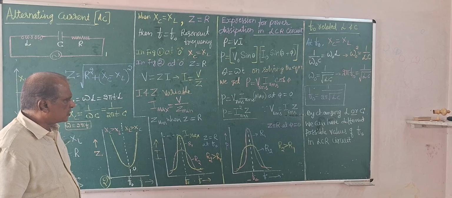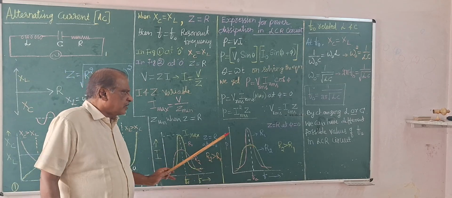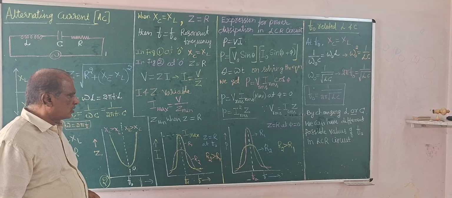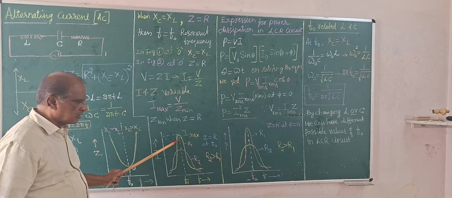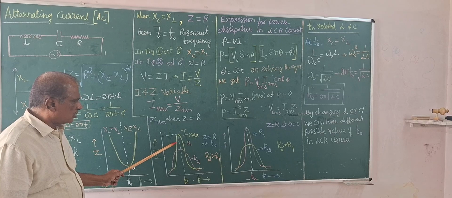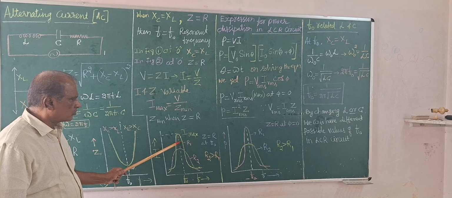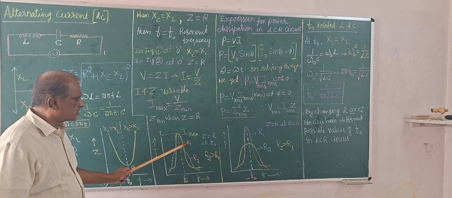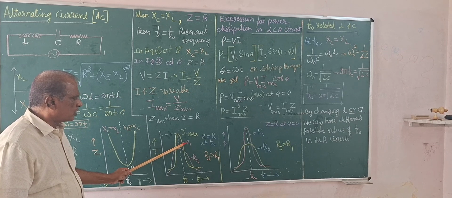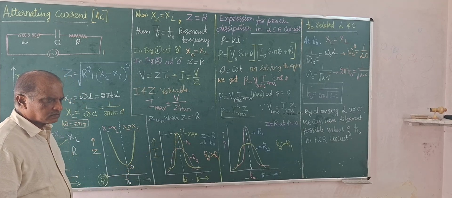So what is the condition? Whether you speak in terms of the current signal or the power signal, the same concept applies here. For a sharper signal, a narrow band, we need a lower resistance value. So always you look for this kind of signal, even sharper.